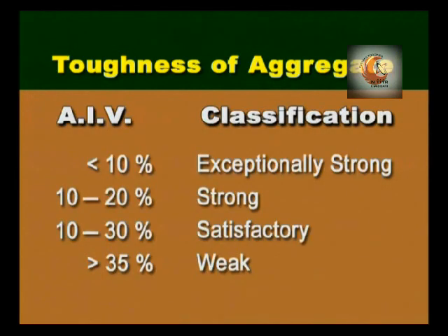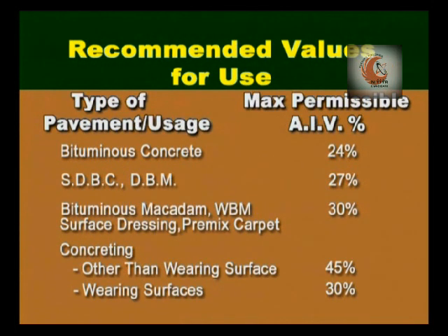Based on impact value, the aggregates are classified as exceptionally strong, strong, satisfactory or weak. Indian Road Congress has specified limits for different types of road construction.